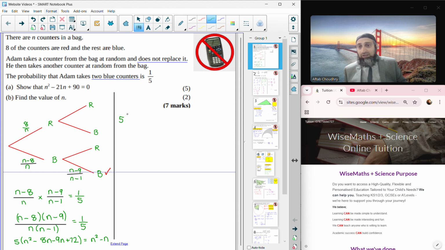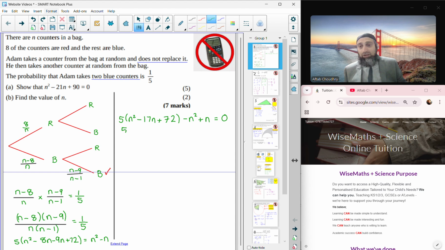Let's get 5 inside here. You're going to get n squared minus 17n plus 72. And I'll bring this over here, which will give you minus n squared plus n equal to 0.